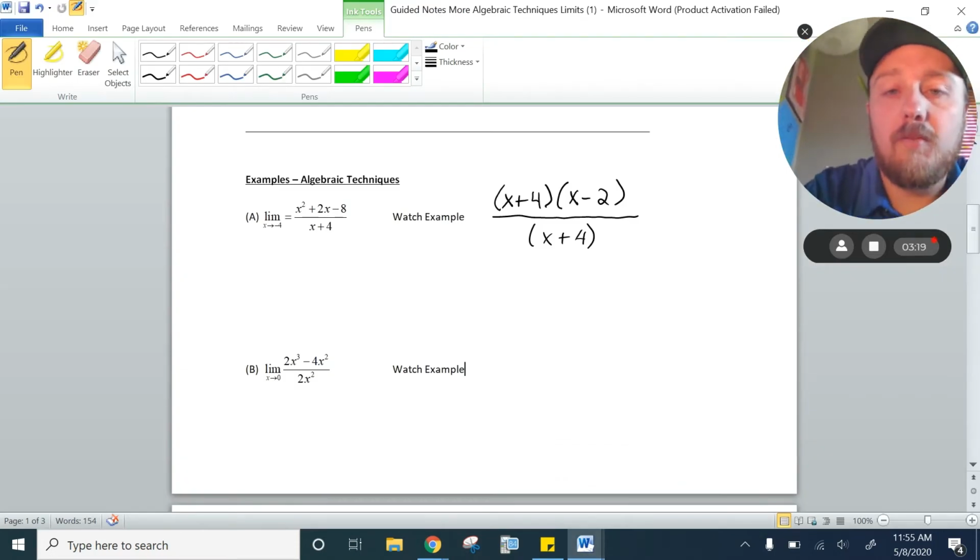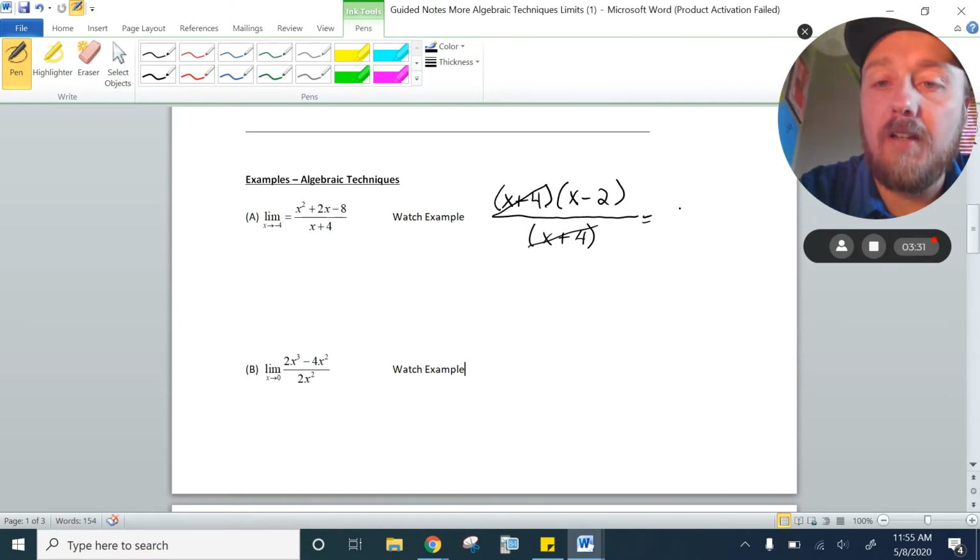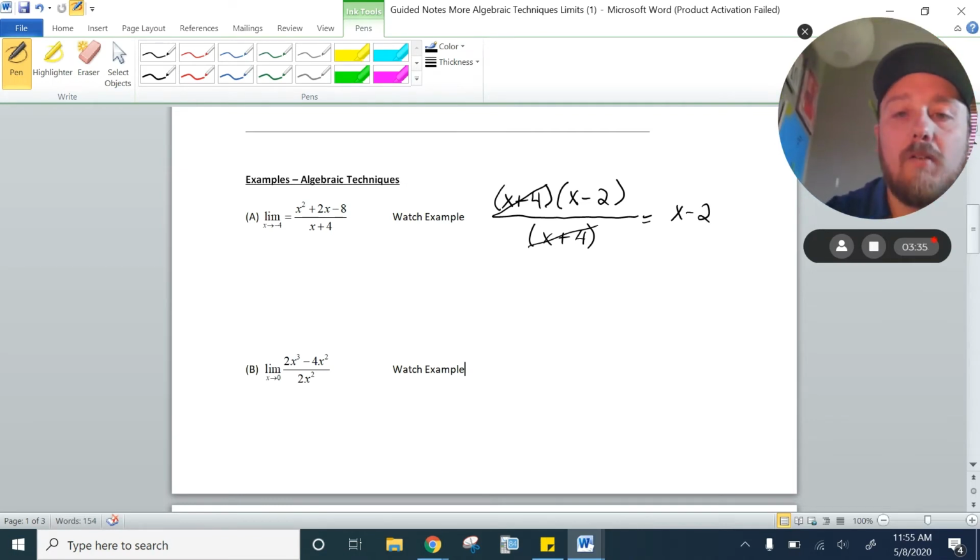Another way to look at this, we could say, well, x plus 4 on top reduces x plus 4 on bottom, right? You're dividing by the same thing. So you could really look at this graph and say that we're looking at the limit of just x minus 2. So let's try that. Let's try the limit as x approaches -4 of just x minus 2.